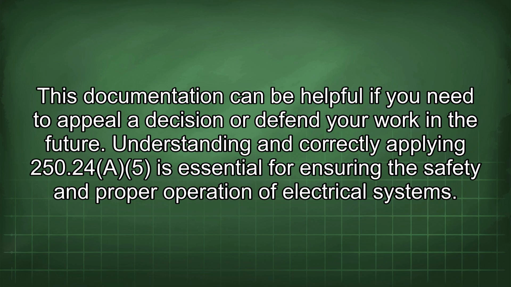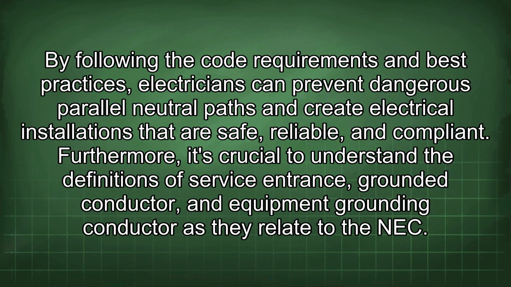Understanding and correctly applying 250.24(A)(5) is essential for ensuring the safety and proper operation of electrical systems. By following the code requirements and best practices, electricians can prevent dangerous parallel neutral paths and create electrical installations that are safe, reliable, and compliant.